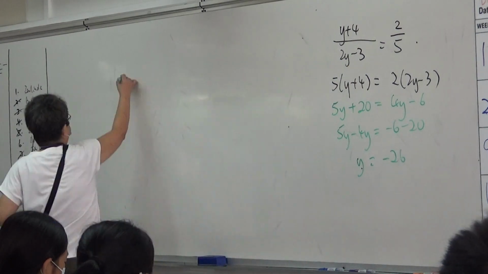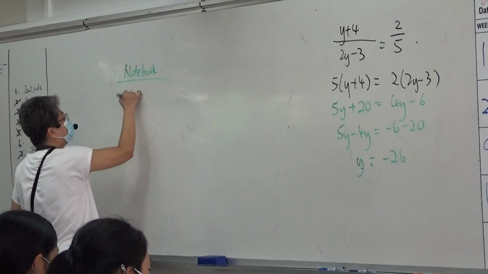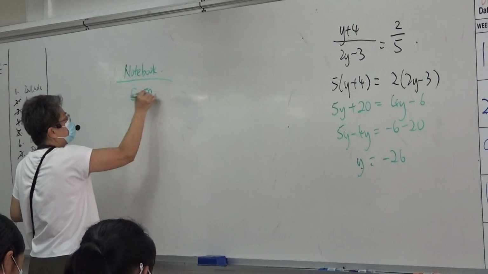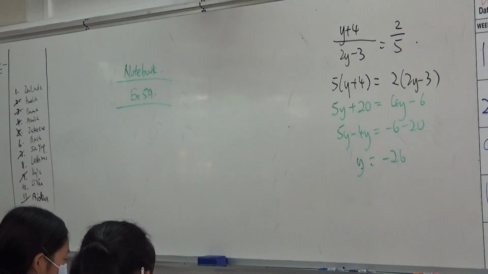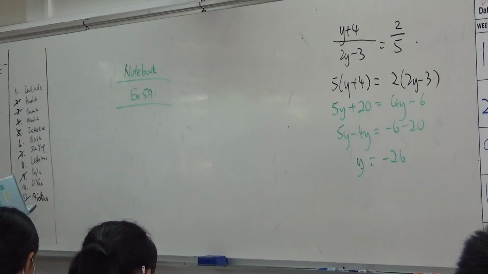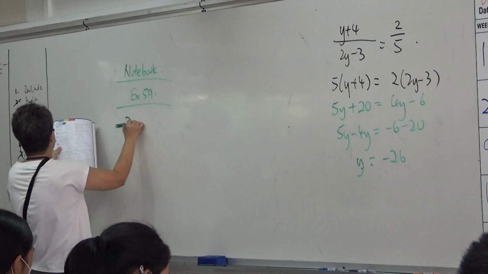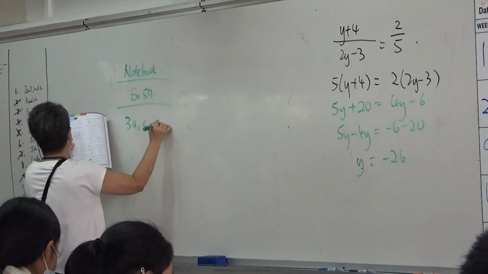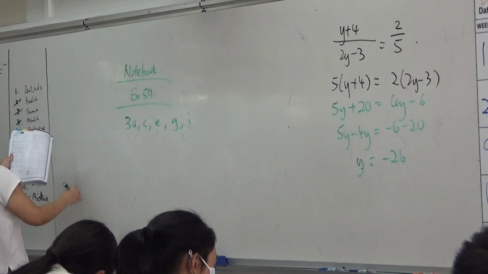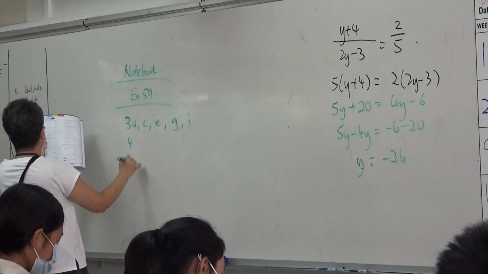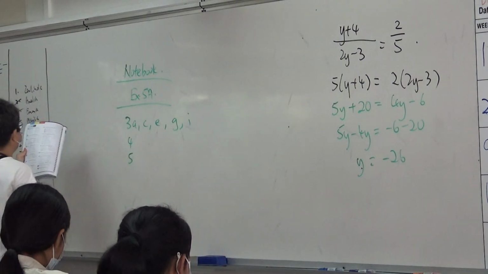Alright? Now, I want in your notebook exercise 5A, page 132. 3A, C, E, G, I. Question 4. When I write question 4, that means the whole thing. Question 5.